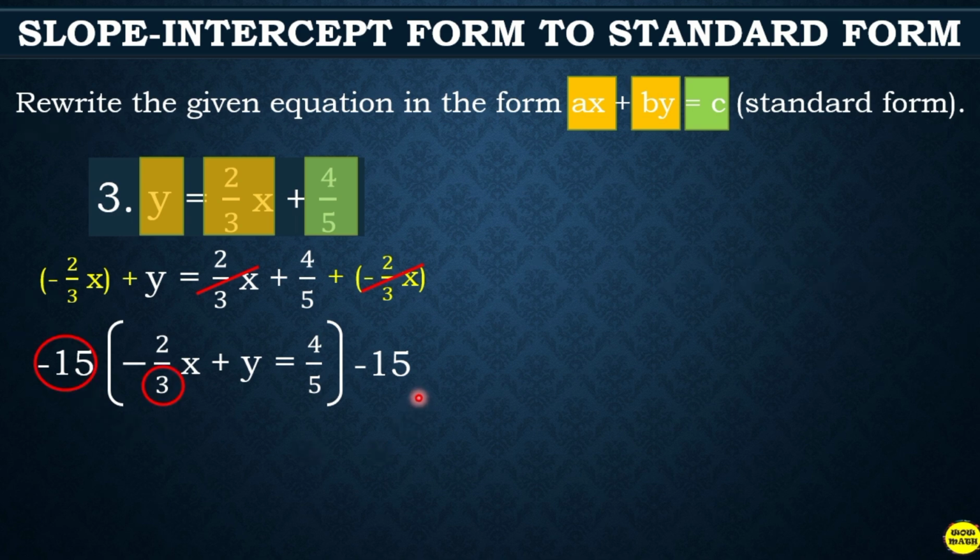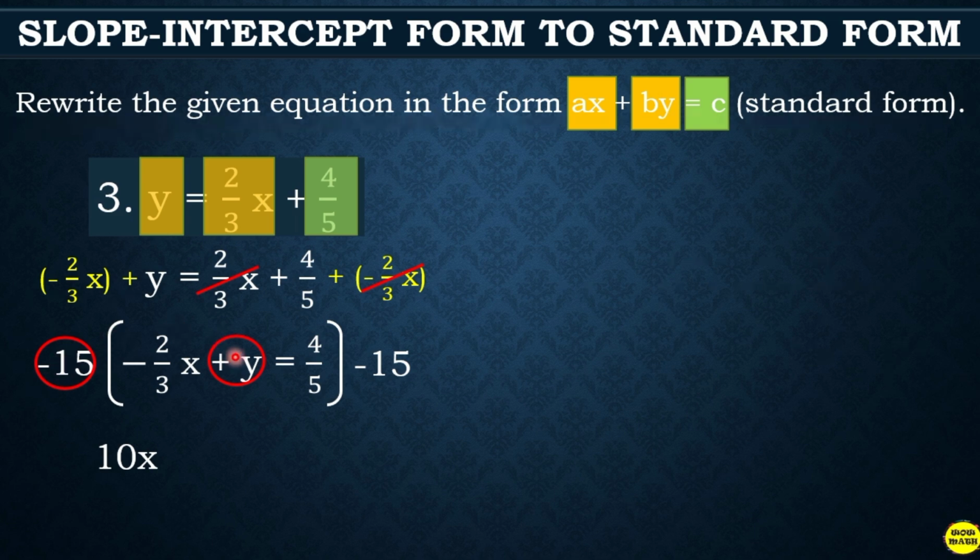Now, let's solve. So, negative 15 divided by 3, that is negative 5, right? Now, negative 5 times negative 2, that is 10x. Copy your variable. Next, since wala tayong denominator dito, wala tayong i-divide. So, we will just simply multiply.